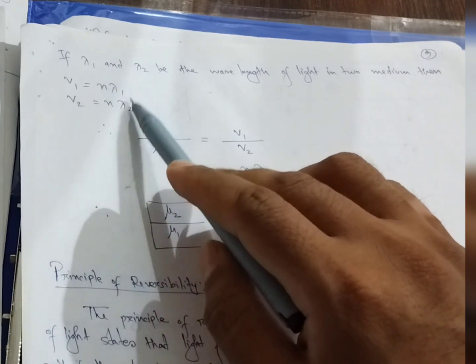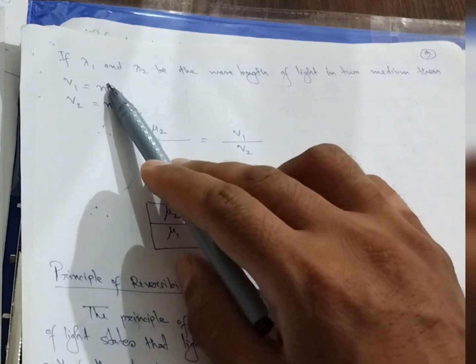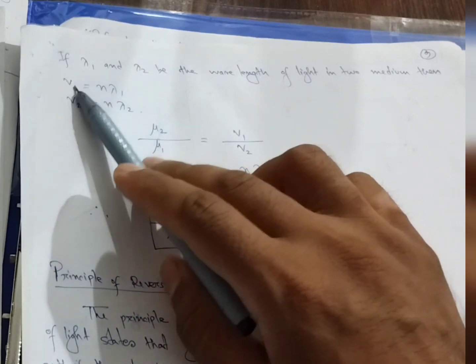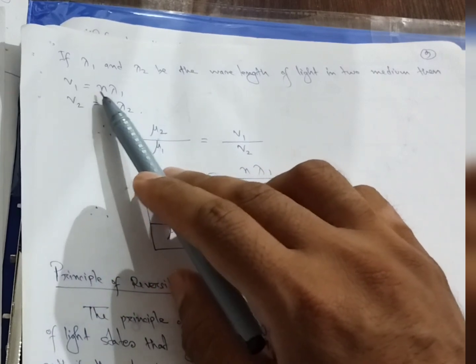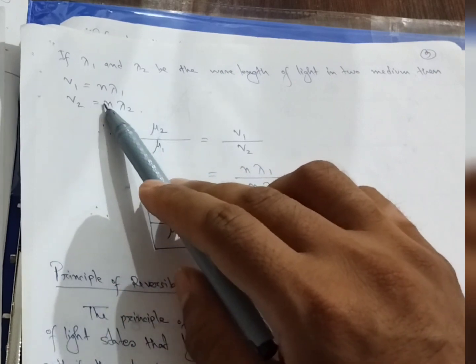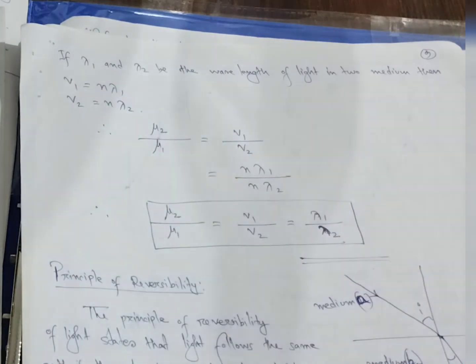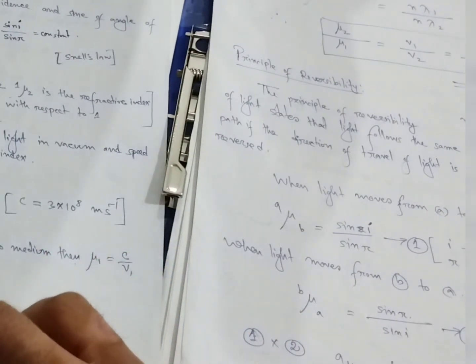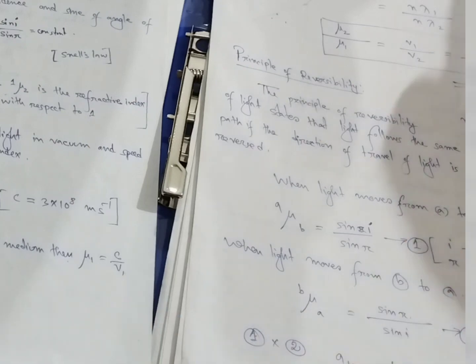Lambda1 is the wavelength of light in medium 1 and lambda2 is the wavelength of light in medium 2. So v1 is equal to n lambda1 and v2 is equal to n lambda2. In the earlier equation we put n lambda1 in place of v1 and n lambda2 in place of v2.